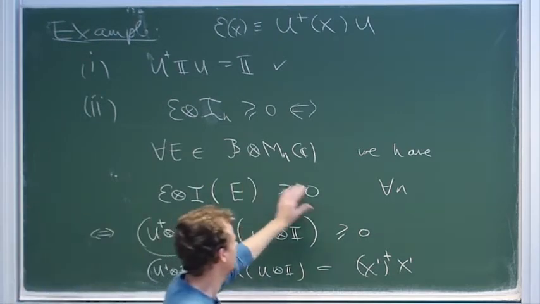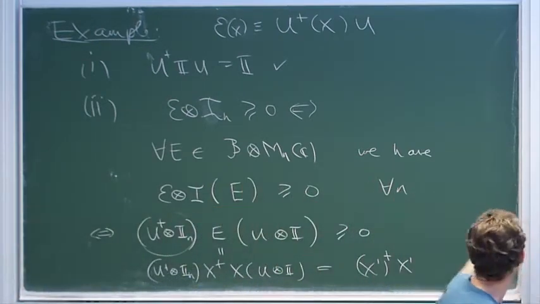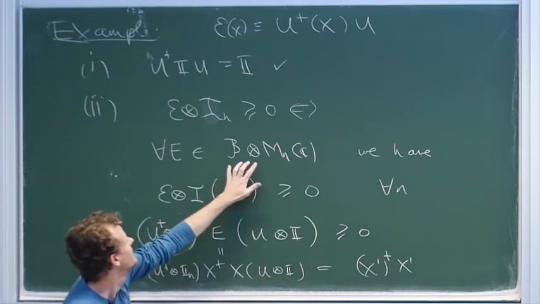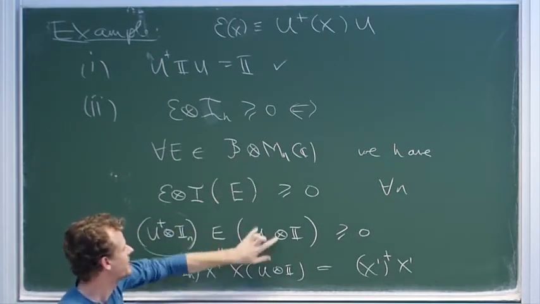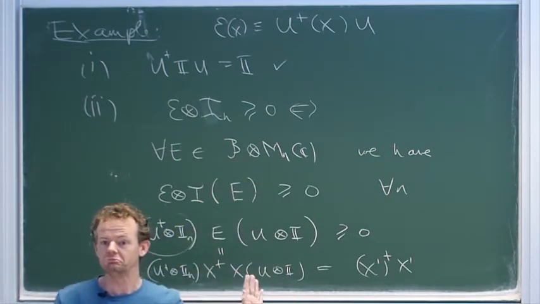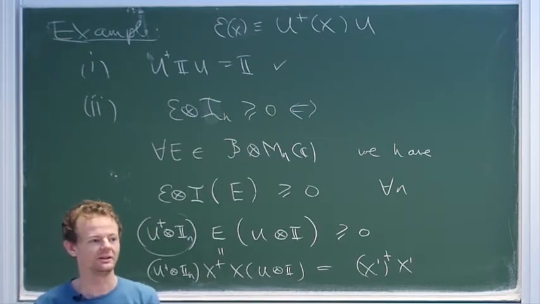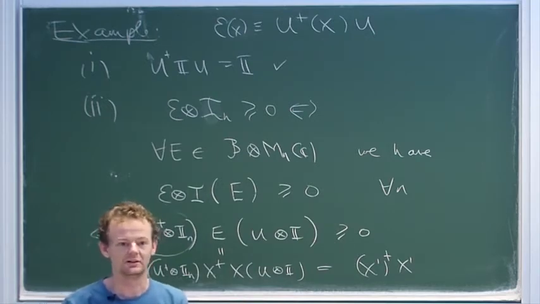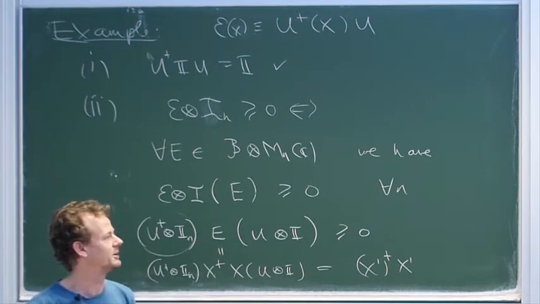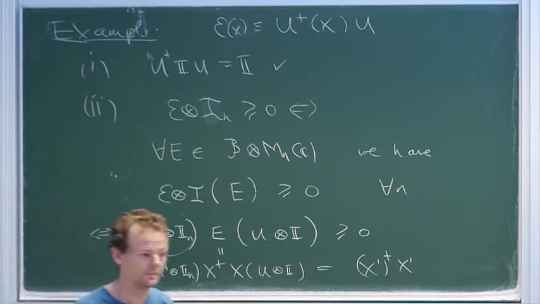So indeed, a positive effect for this composite system is mapped to a positive effect. So unitaries, reassuringly, are in fact valid dynamics according to these two axioms.